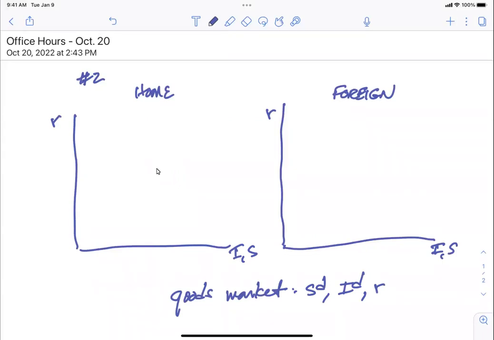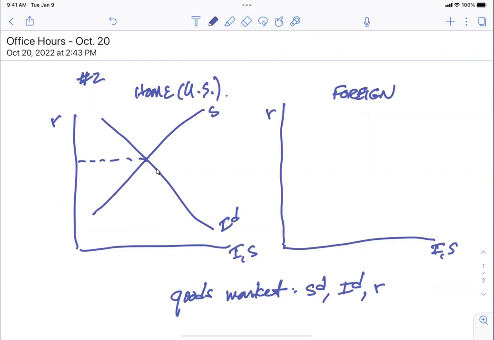We don't have to, but I'm going to do it to be representative of what actually is true if home is the US. So I'm going to draw the curves in this case where the equilibrium real interest rate is relatively high. In the foreign, this is desired investment, this is desired saving.